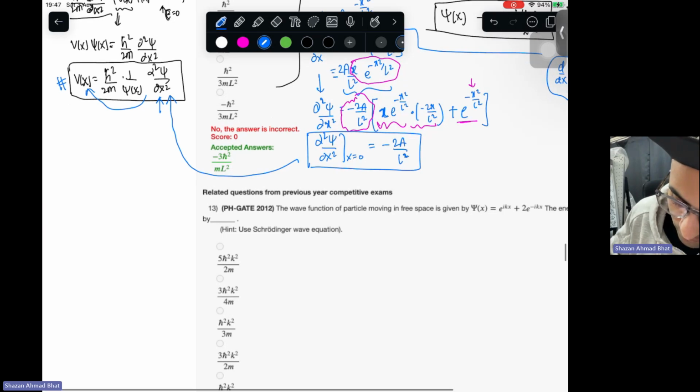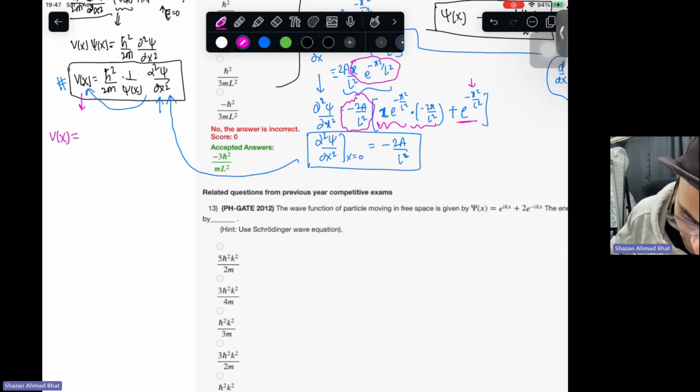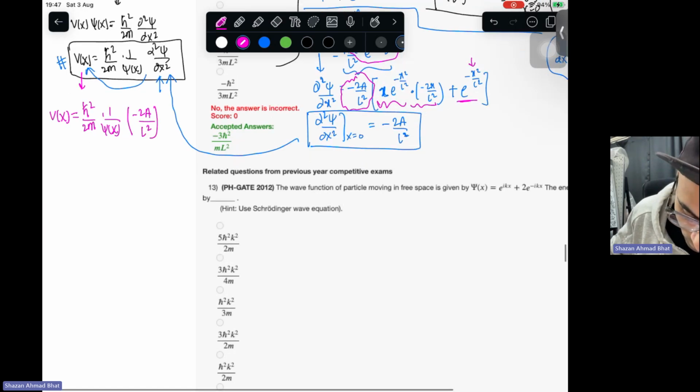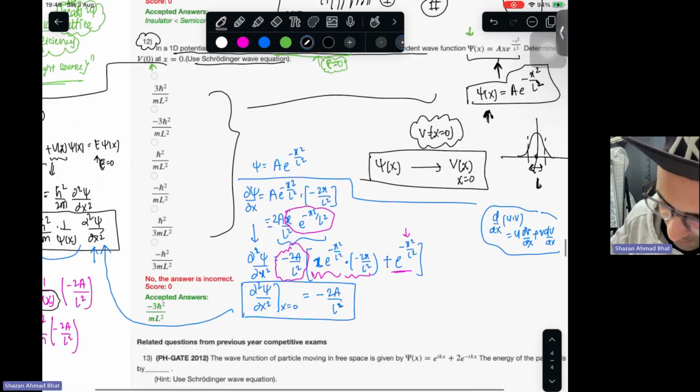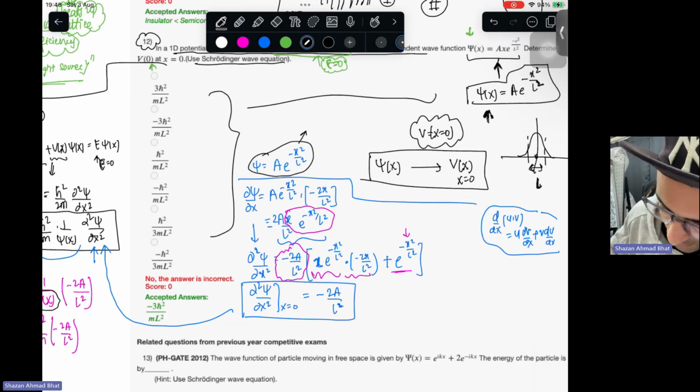Okay, now solving this particular thing here, you get V(x) is ħ²/2m times 1/ψ(x) times −2a/L². Now you have to compute V at x equals 0. You put x equals 0 here, you get ħ²/2m times −2a/L². You know that ψ(x) is given, and when you put x equals 0 here, you get only a.